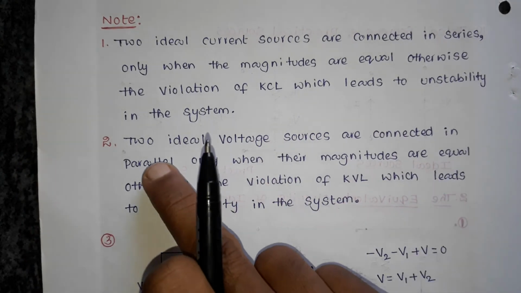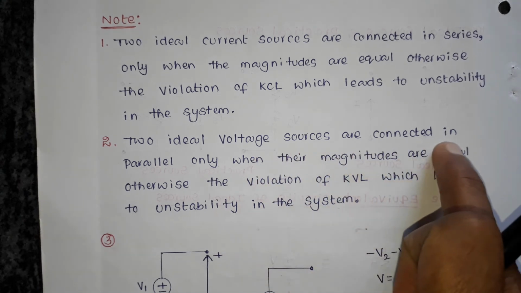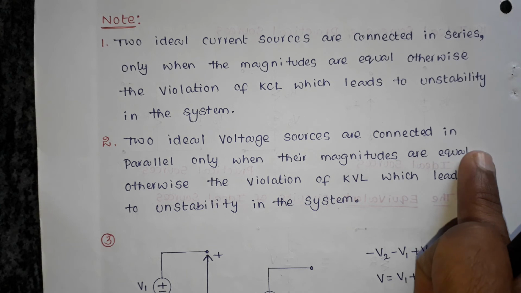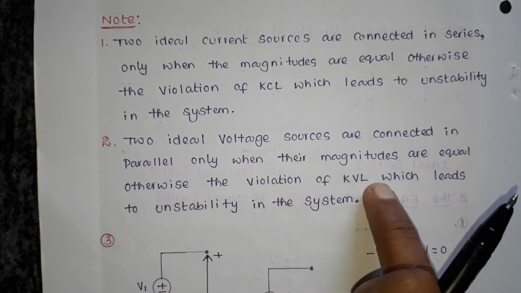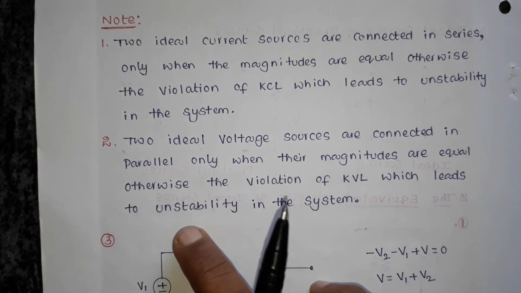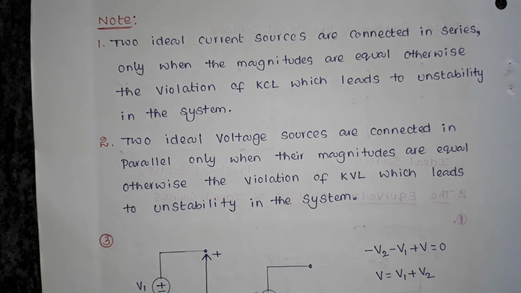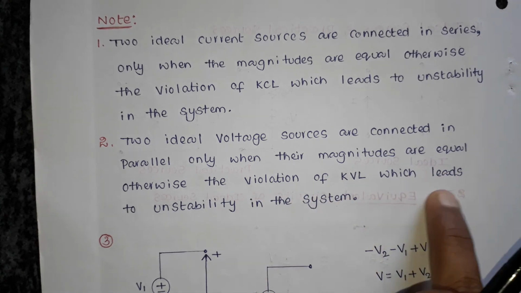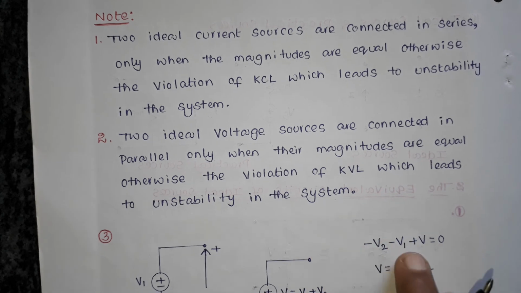Similarly, two ideal voltage sources can be connected in parallel only when their magnitudes are equal. Otherwise, there is a violation of KVL, which leads to instability in the system.